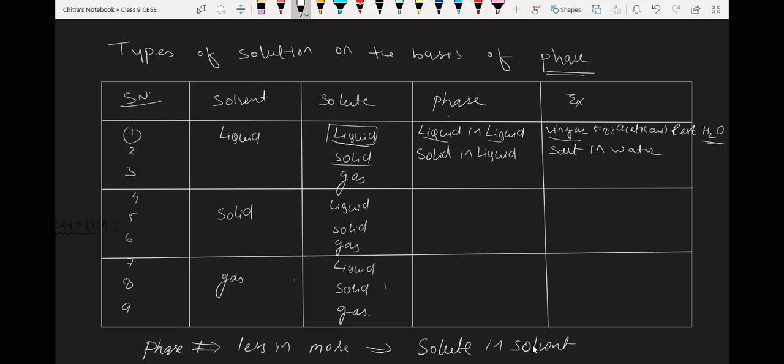It is a solution because salt is present in solid state, so it is present in less quantity in the solution of salt in water. Understood or not, everyone? Yes, sir. Solid in liquid, so salt in water.